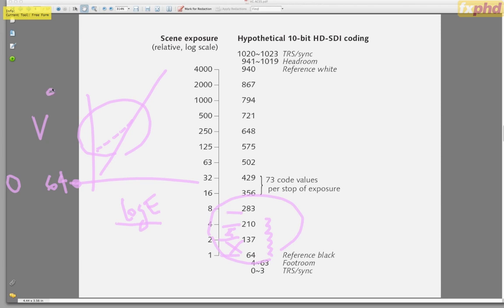Doesn't really matter. So you might have a reference range 64 to 940, or you might have a reference range 0 to 1023. The principle is you stretch these code levels out to avoid having large numbers of data values in the bottom end being full of noise.